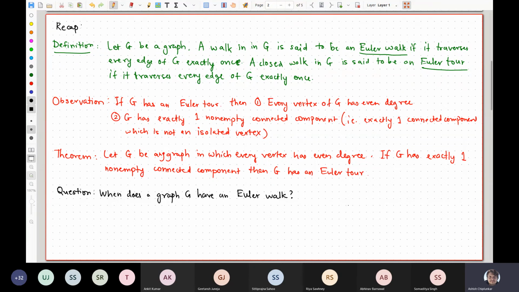An Euler tour is obviously an Euler walk by definition. So if the graph satisfies this condition, that it has exactly one non-empty connected component and every vertex has even degree, then of course it has an Euler walk. But then what is the exact necessary and sufficient condition? That is what you need to determine and prove.